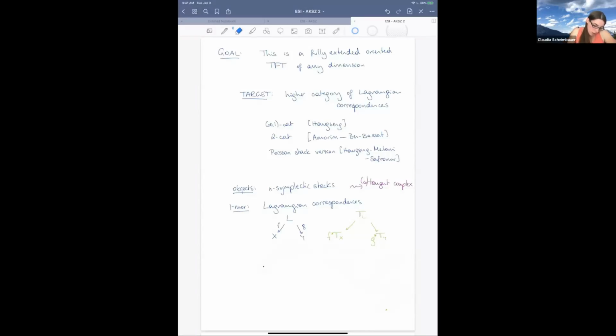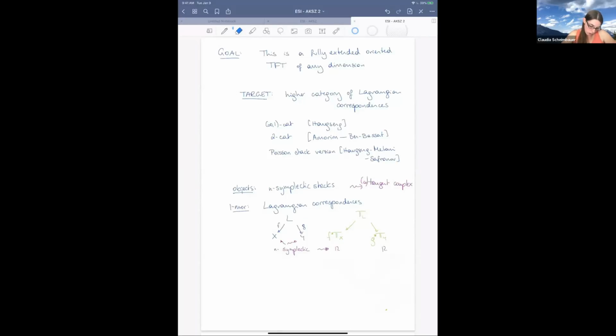But now what we can use is that X and Y are assumed to be symplectic. So that means that my tangent will be quasi-isomorphic to the cotangent.